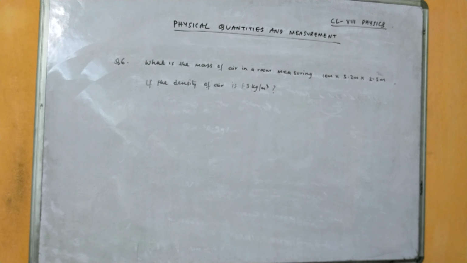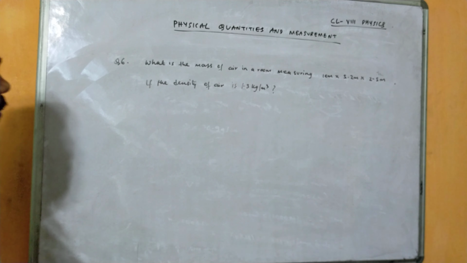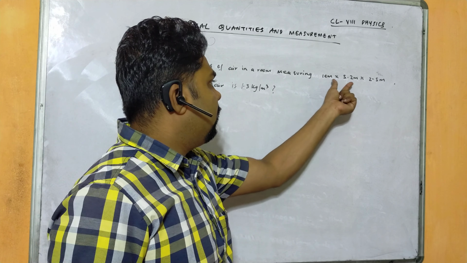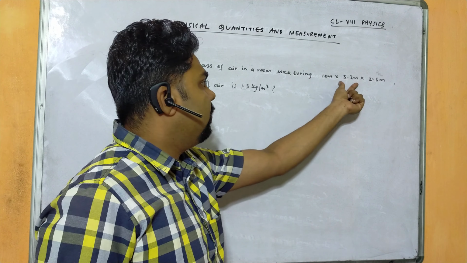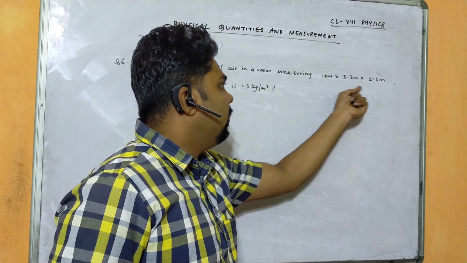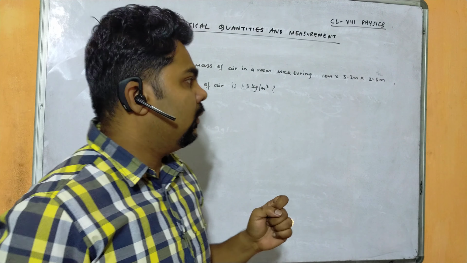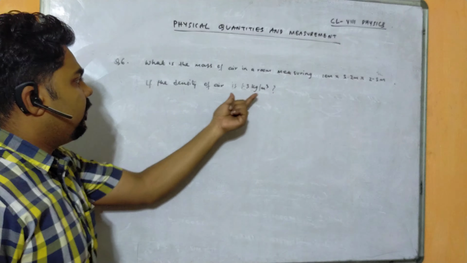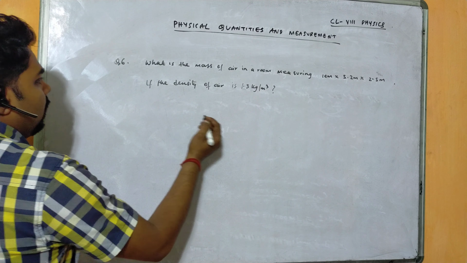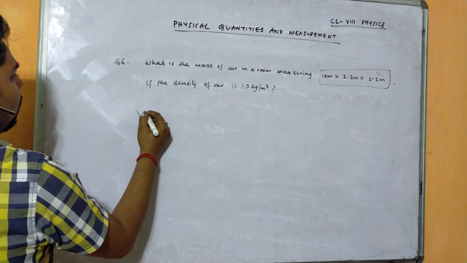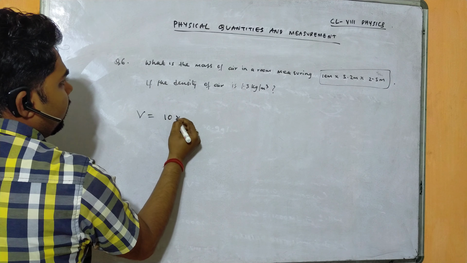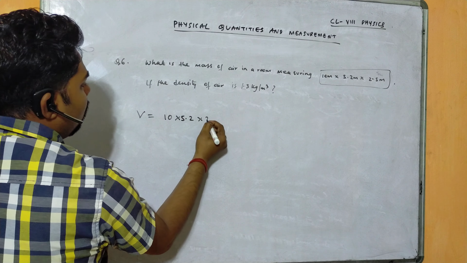Next question we have, what is the mass of air in a room measuring 10 meter into 5.2 meter into 2.5 meter? That means length is given, breadth is given and height is given. So this is the dimension of that room. Okay, if the density of air is 1.3 kg per meter cube, so dimension is how much space it is occupying. That means this is the volume. Volume equals 10 into 5.2 into 2.5.